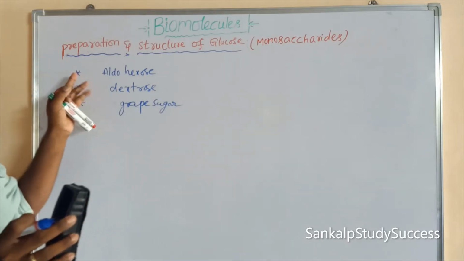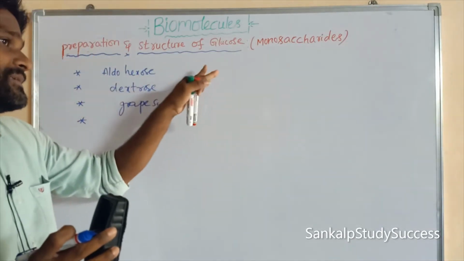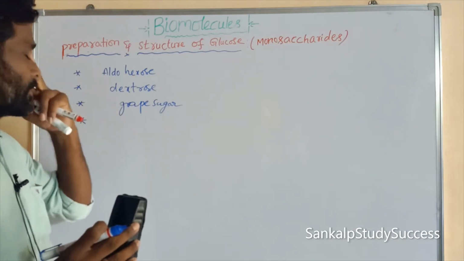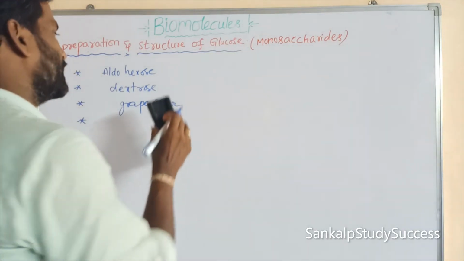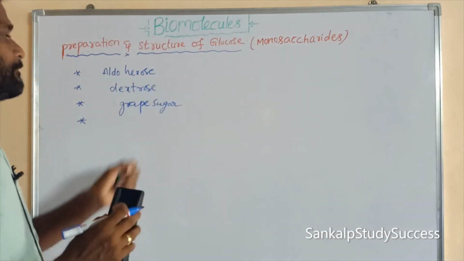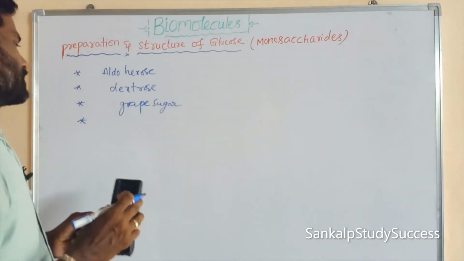Glucose is an aldohexose. It contains 6 carbons and also an aldehyde functional group. It is dextrorotatory. Glucose is said to be dextrose. It occurs in nature as the optically active dextrorotatory isomer.